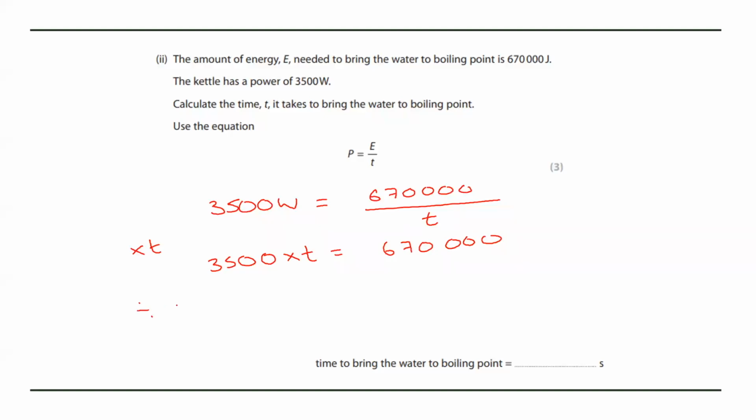Then we divide by 3,500. Okay, so we've got T on its own. 670,000 over 3,500. Can we just put it in a calculator? Okay, 191 seconds.